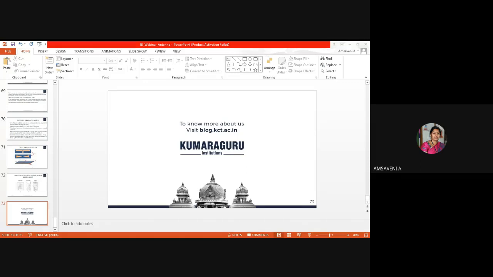You need to use a substrate with low dielectric permittivity, a low dielectric constant. If we use a substrate with a high dielectric constant, it may reduce the efficiency of your antenna.